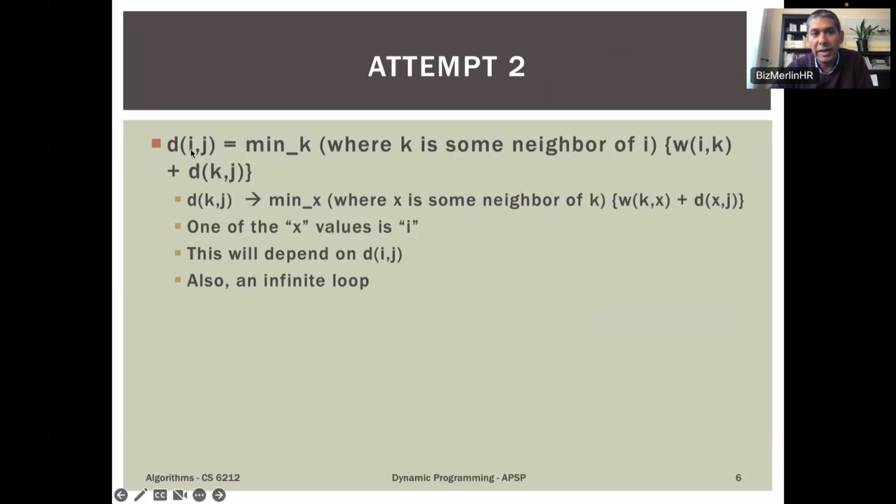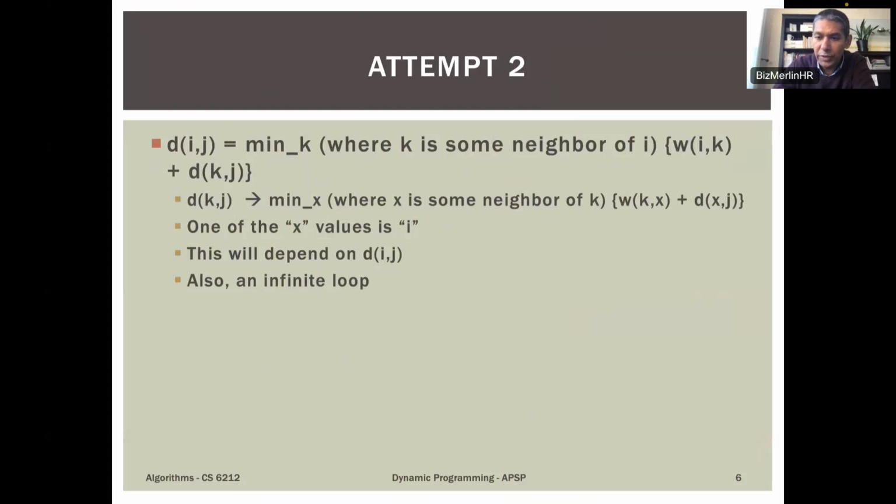So again, dij depends upon dkj, and dkj depends upon dij. So this is also an infinite loop. We're not really able to build a clean recurrence relation, a clean recursive formulation that we can use to build these values dij.